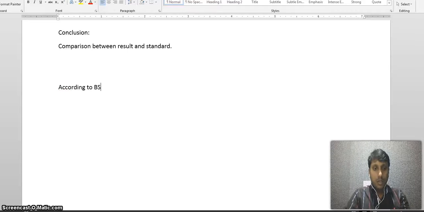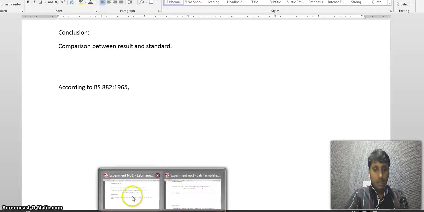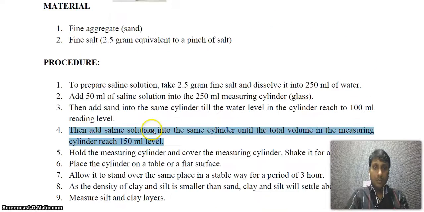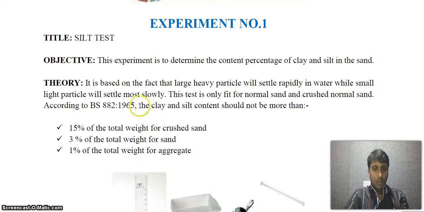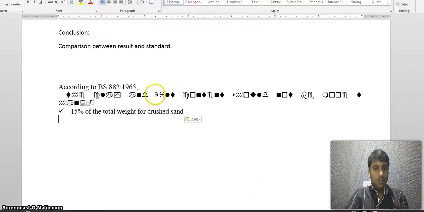According to BS 882, 1965, you can see this. What is the standard here? The standard never changes.